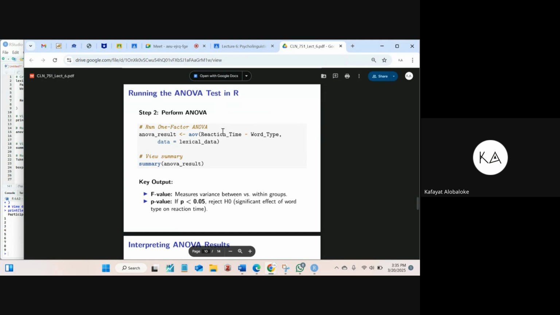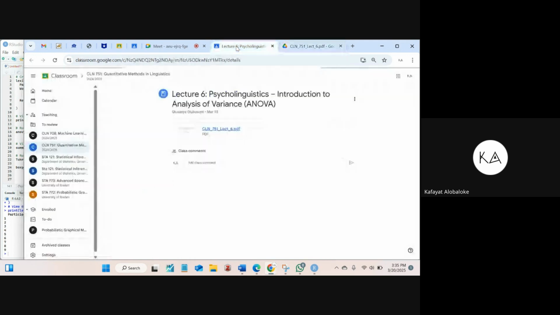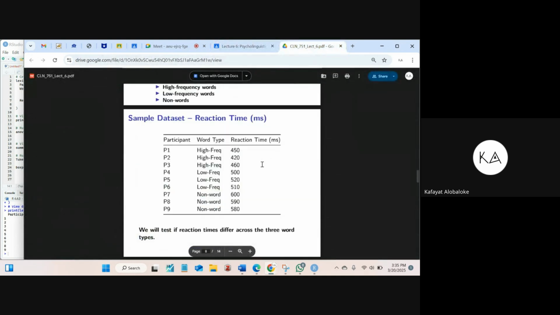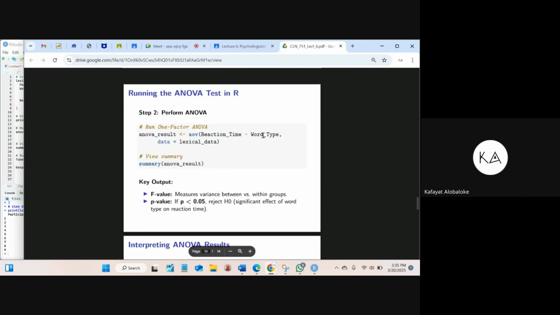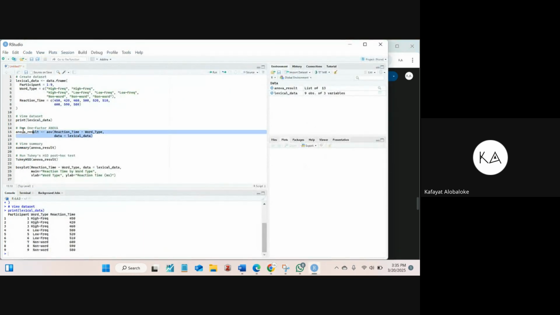We are using the reaction time as the leading factor here because we are trying to test if the reaction times differ across the three groups that we have. That's the three word types. The word type consists of the three different groups of word types that we are using. Now the data we are trying to consider here is the lexical data. Now let's run this and see what we have.